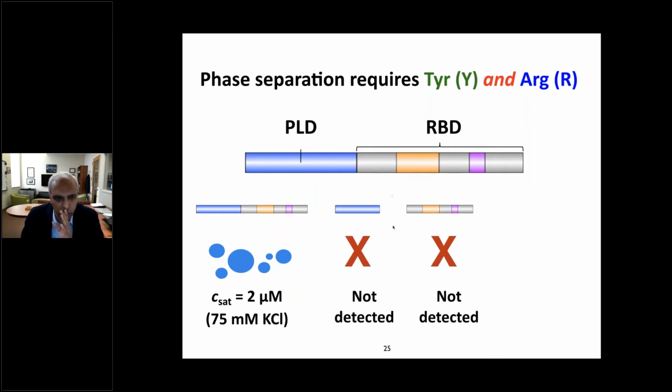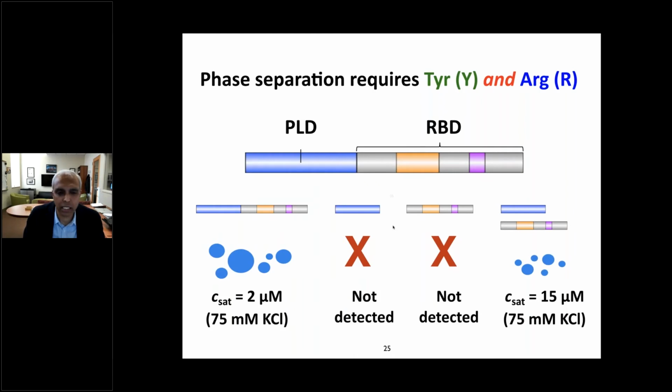At the concentrations where one measures a saturation concentration for the full-length protein of 2 micromolar, if one were to perform measurements of the PLD alone, which has very few arginines, one doesn't detect any phase separation. Conversely, if we do the same measurement with the RBD, or the RNA binding domain alone, again, one does not detect phase separation.